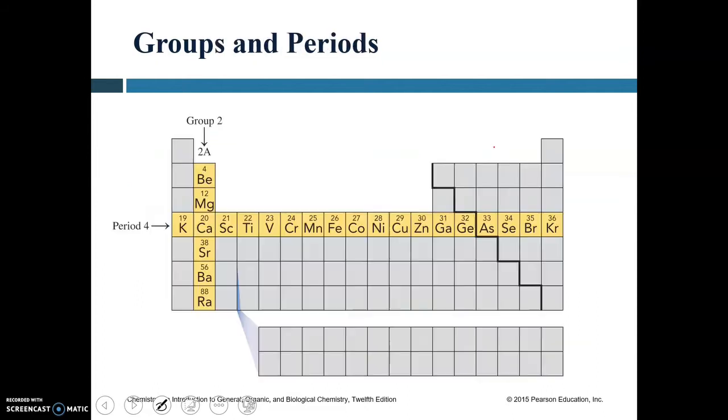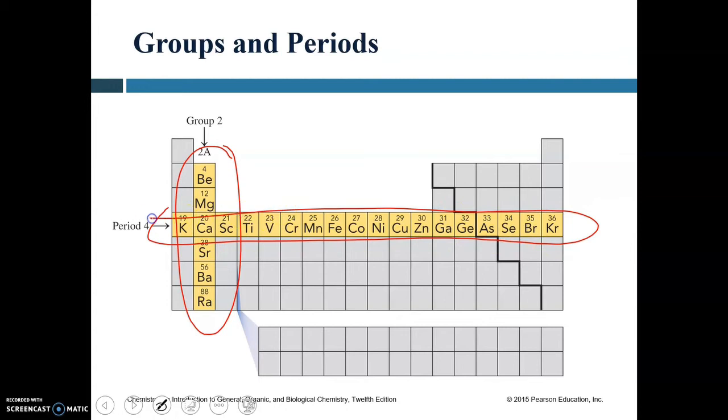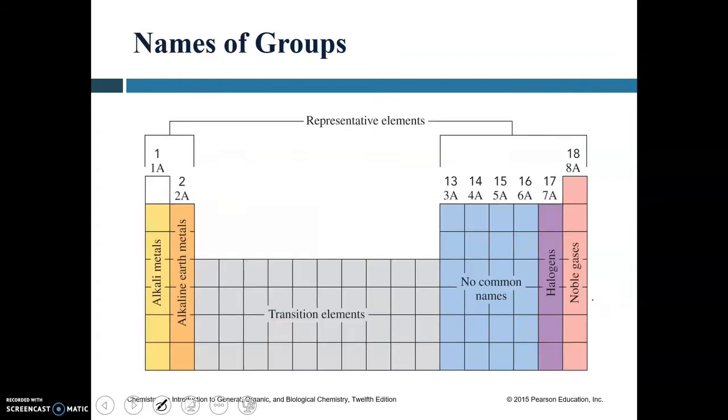for numbering the groups. So here you can see group 2A and period 4, and it explains what the group and the period are. So this is a group, this is a group, this is a period. So here are representative elements.